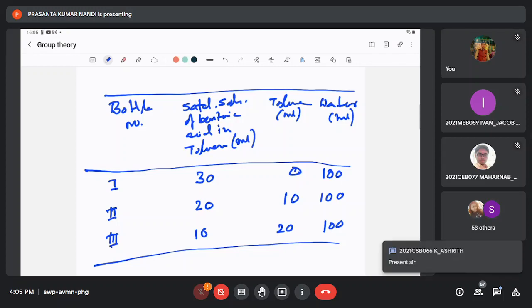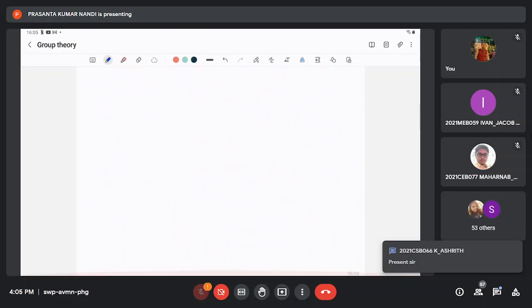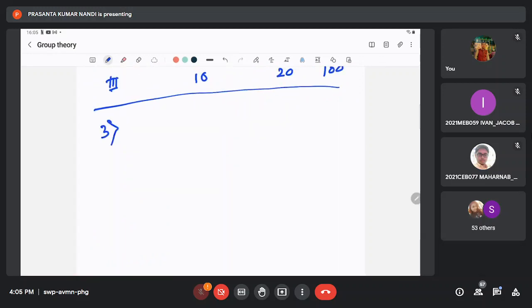So this is procedure number 2, and the third part is to standardize the supplied NaOH.